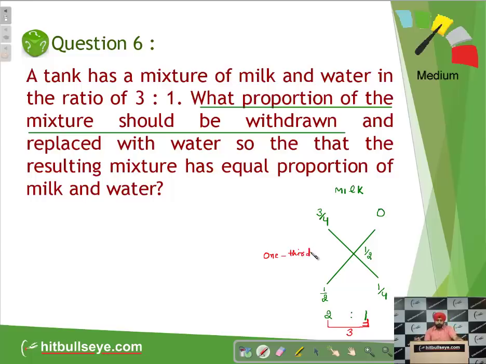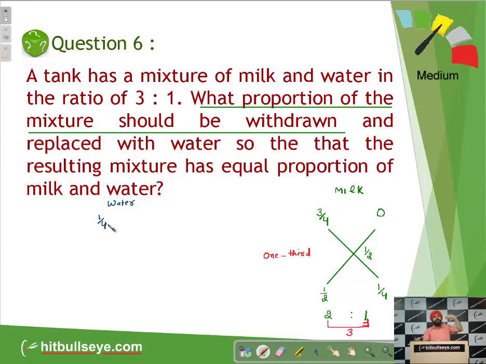Right, students? In order to remove a little confusion that some of you have got, let's solve this question by way of water also. Now how much water is there in this mixture initially? It is 1 by 4. And how much water are you putting in?